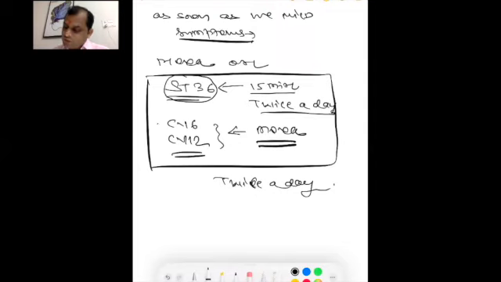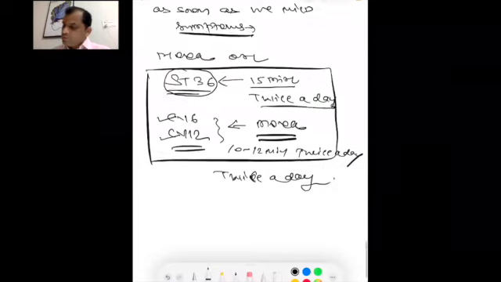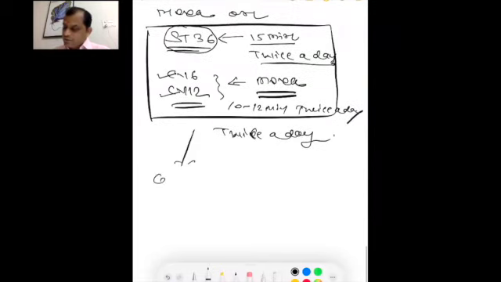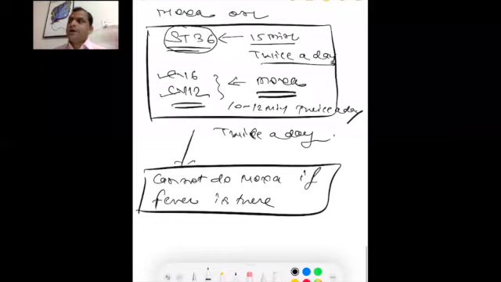Moxa on CV6 and CV12, 10 to 12 minutes twice a day. But we cannot do moxa if fever is there. So we can do moxibustion as soon as we see the first sign.